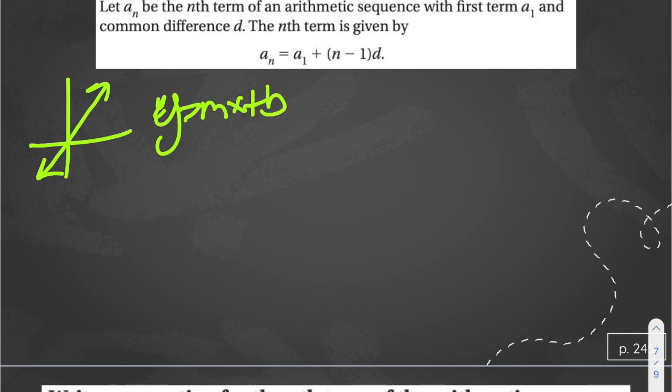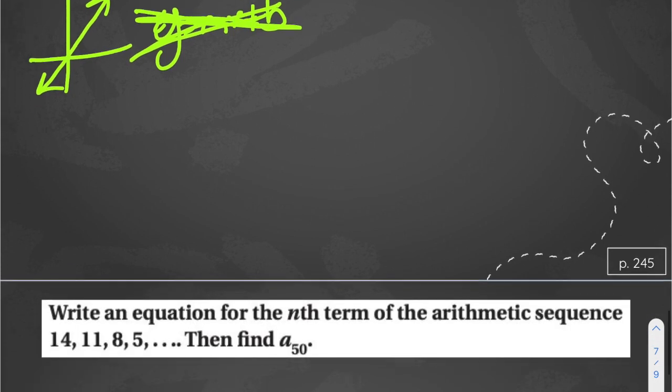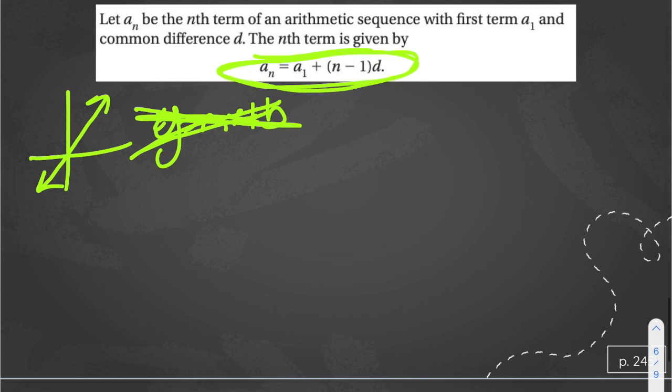But leave it to math. When we are dealing with arithmetic sequences, we do not write things in this form. Arithmetic sequences have their own form that they like their equation in.